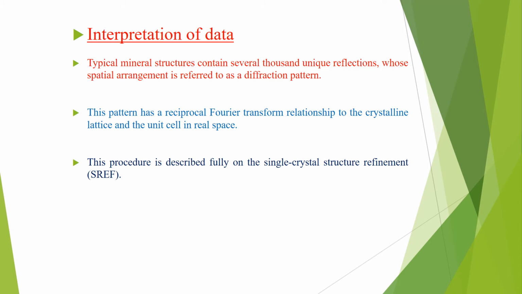Indices like HKL, Miller indices, may be assigned to each reflection, indicating its position within the diffraction pattern. And this pattern has a reciprocal Fourier transform relationship to the crystalline lattice and the unit cell in real space.